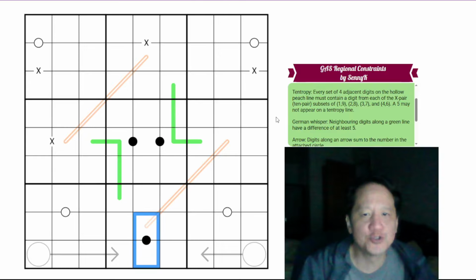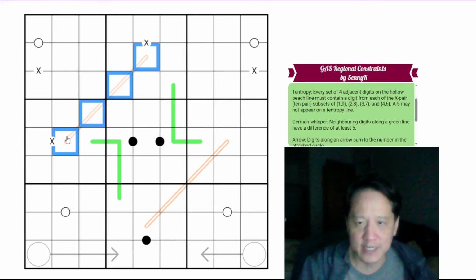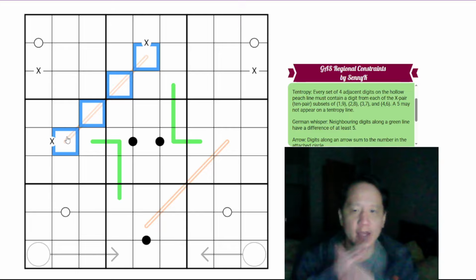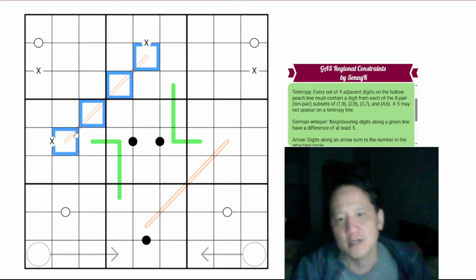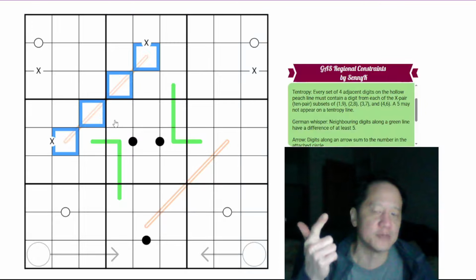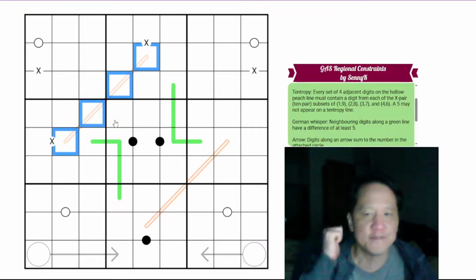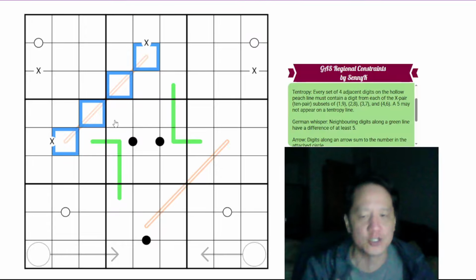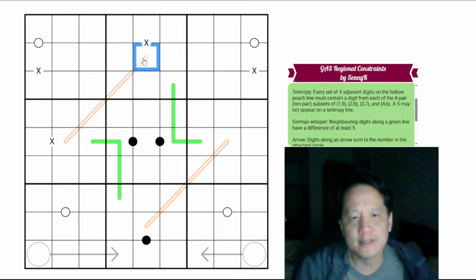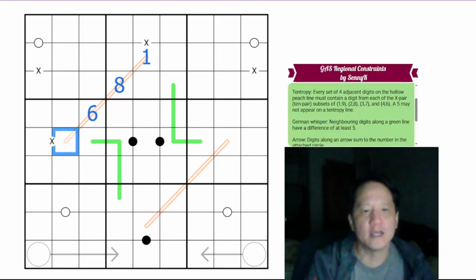We have entropy, where every set of 4 adjacent digits on the hollow peach line must contain a digit from each of the pairs that sum to 10: the subsets of 1 and 9, 2 and 8, 3 and 7, and 4 and 6. A 5 may not appear on an entropy line. So an example of this would be something like, say, 1, 8, 6, and 3.